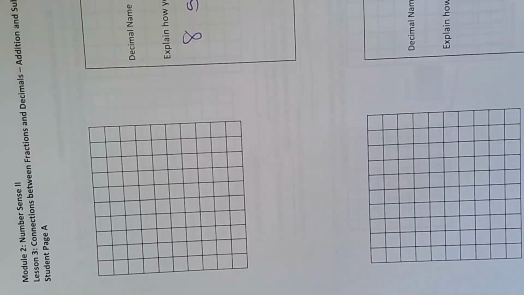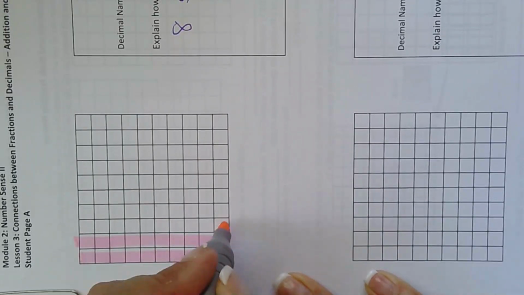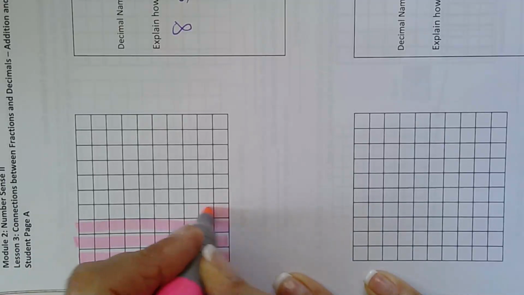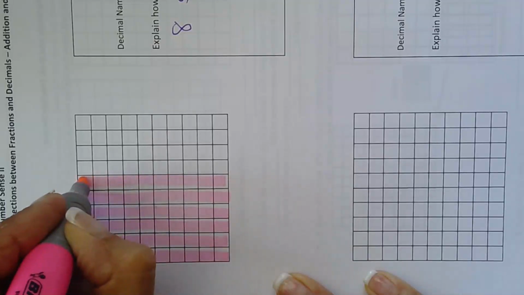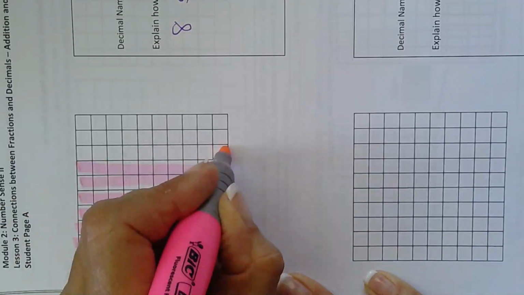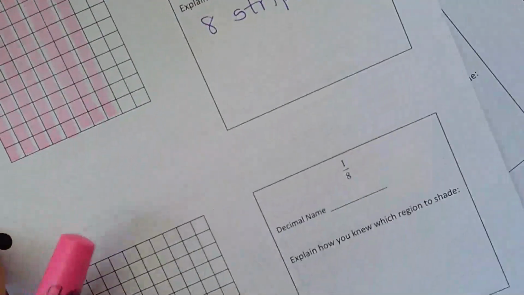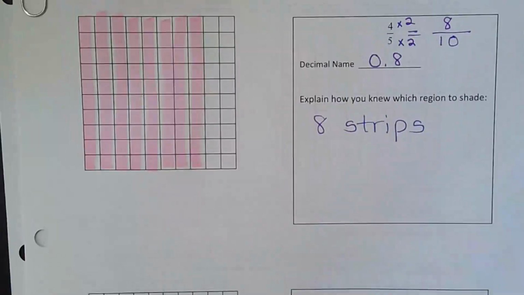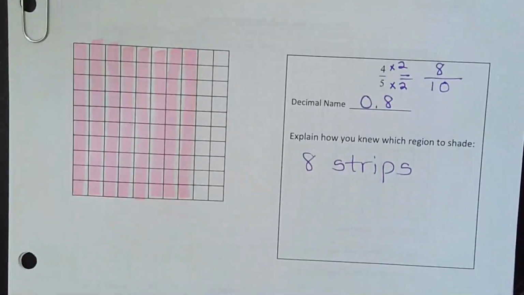So here we go. 1, 2, 3, 4, 5, 6, 7, 8. So that's the method we employ if our denominator goes into 10 or 100.